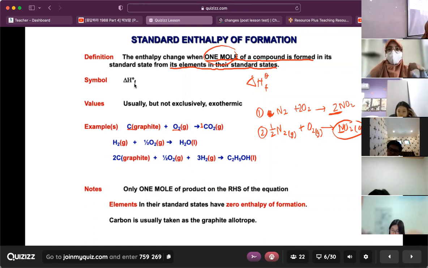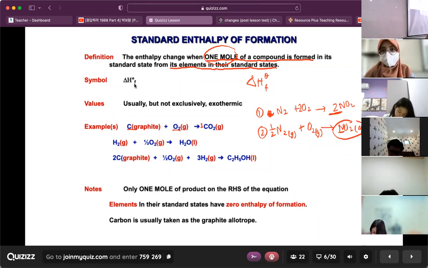So you just need to go back to the definition. And how do we know the element of each element? You have to memorize, no other way. Usually elements in group 17 exist as diatomic molecules, for example F2, Cl2, I2, Br2.